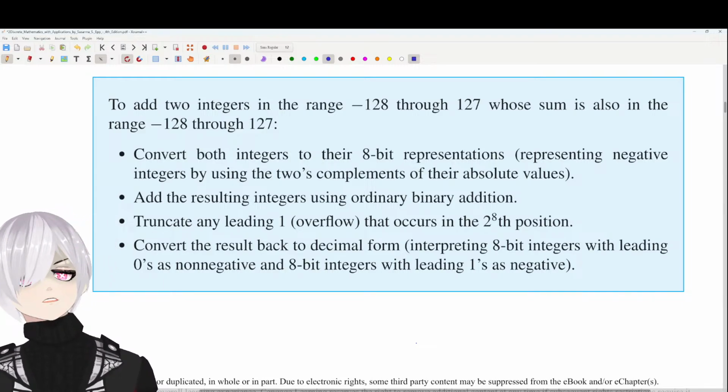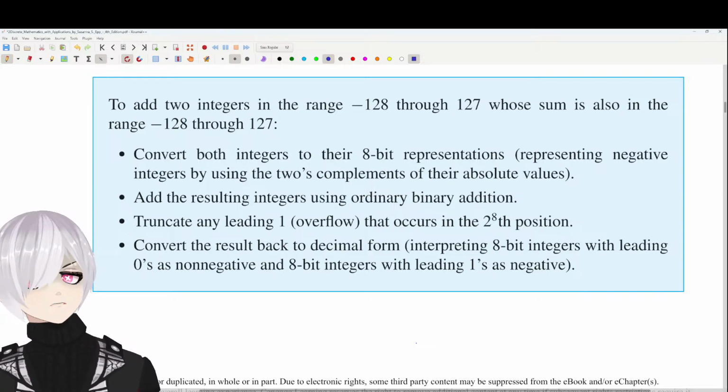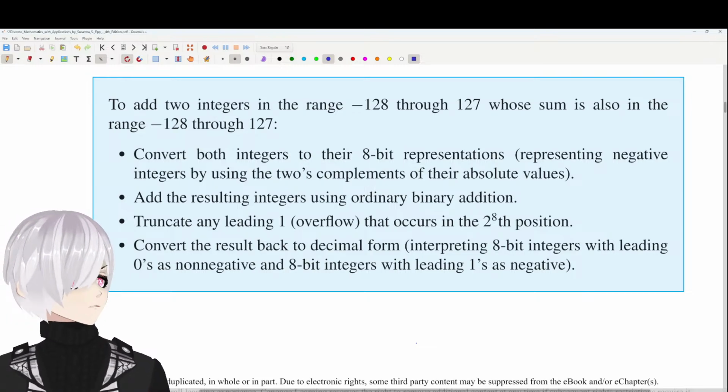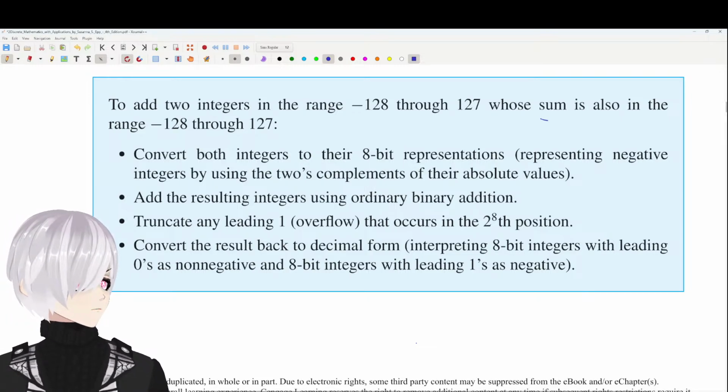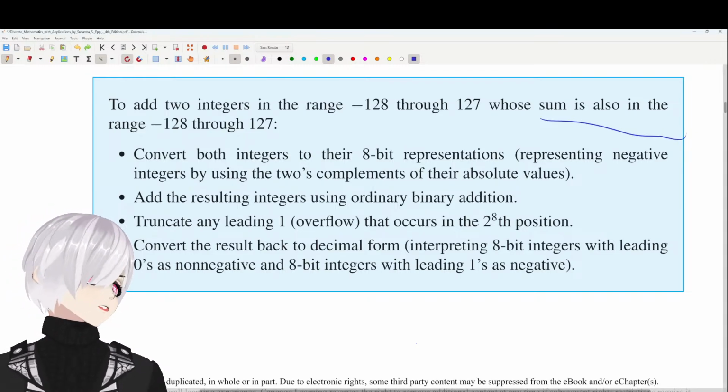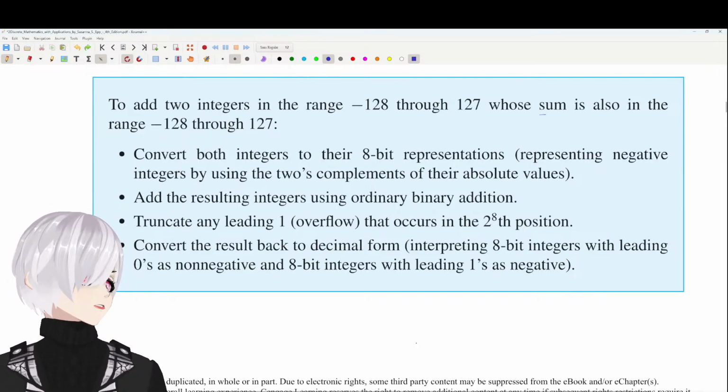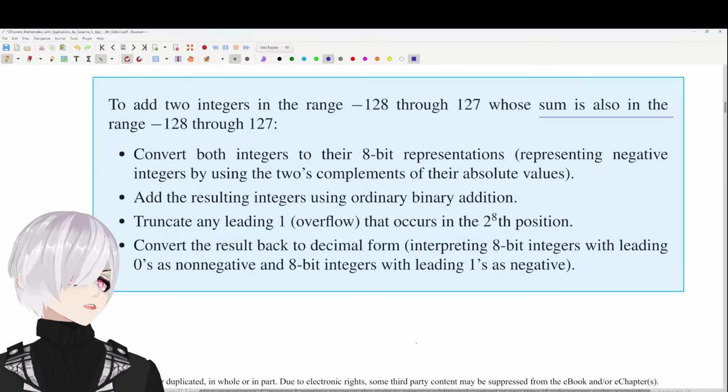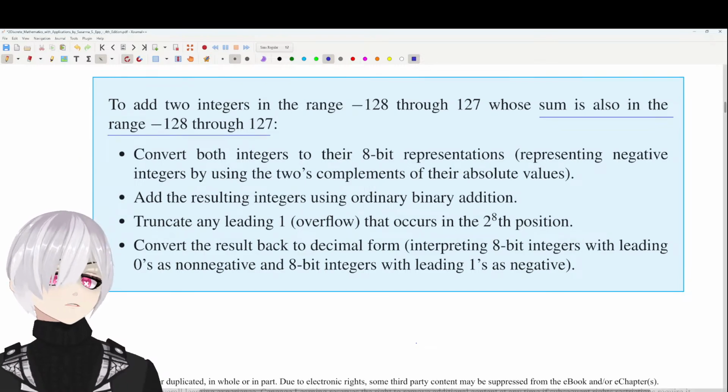Okay. The sum must be within the range. Oh yeah, and by the way, it looks like after this they do a long proof to show that this works. Really?